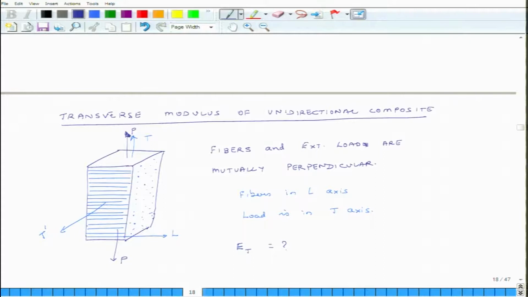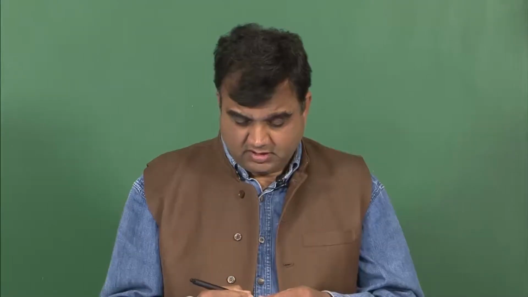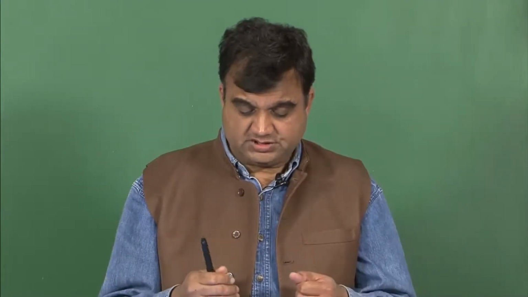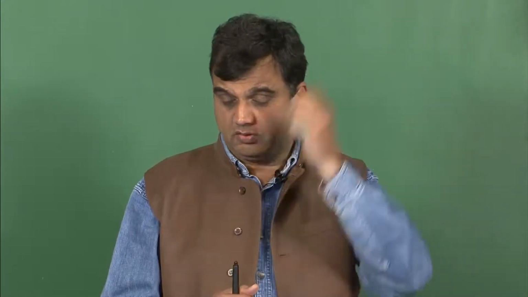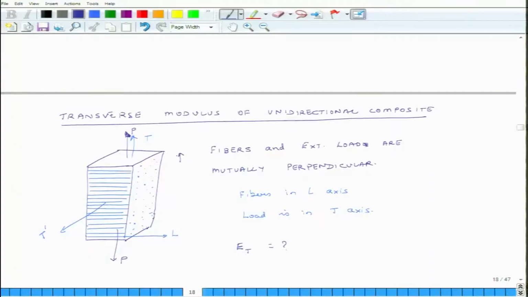So you may have a thin layer of matrix, then a thin layer of fiber, then a thin layer of matrix, then a thin layer of fiber. One simplified view could be like that. There is nothing which ensures that the extension of the matrix in the T direction and the extension of the fiber in the T direction will be the same. That is not going to be the same.